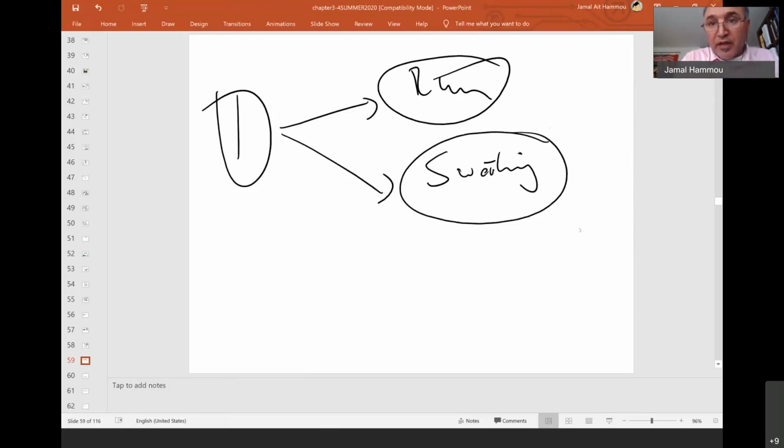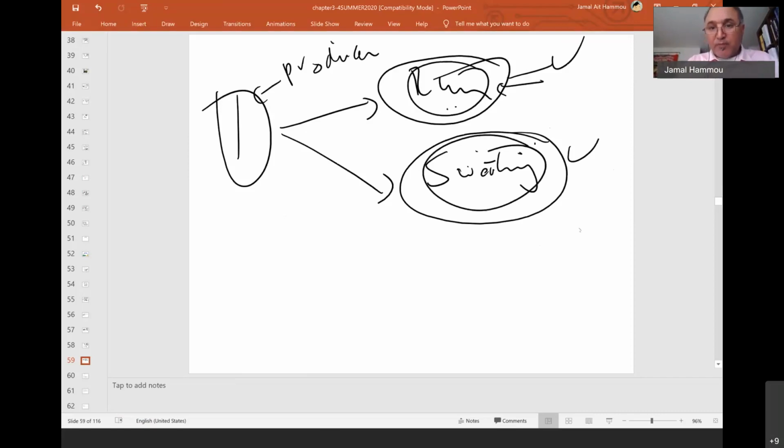If you run, the longer you run, the more you sweat. You are producing both of them. You are the producer. The less you run, the less you sweat. So they are complements in production. You cannot control the sweating, you control the running.